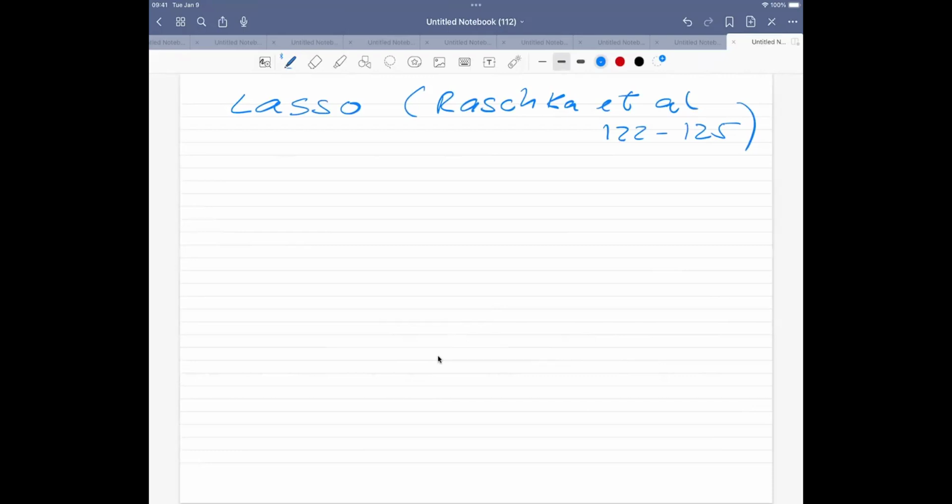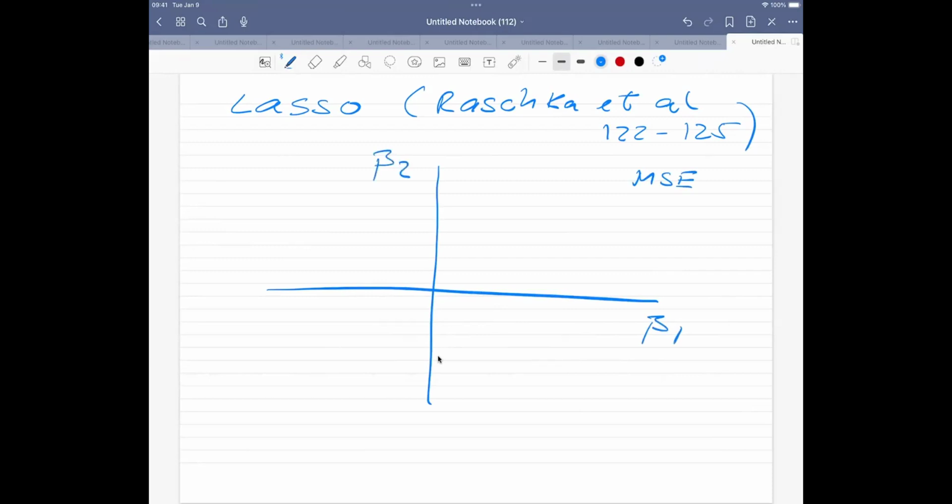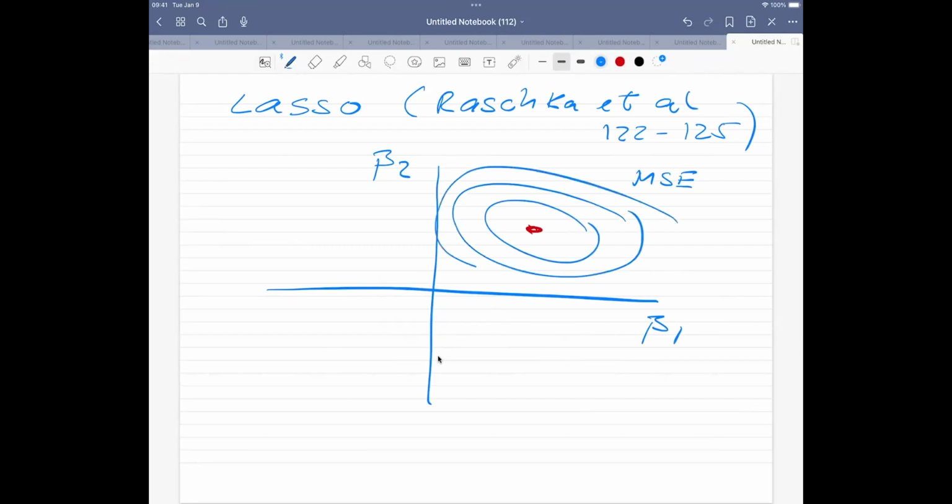So if we look at Lasso regression, the picture is going to look much the same for the mean squared error. I'm just going to put the mean squared error here as before, with a beta 1 and a beta 2 here. And this is the minimum of the mean squared error, the one we reach with just ordinary least squares.